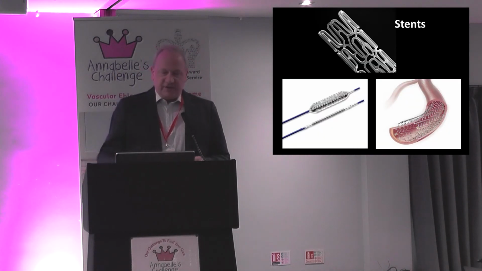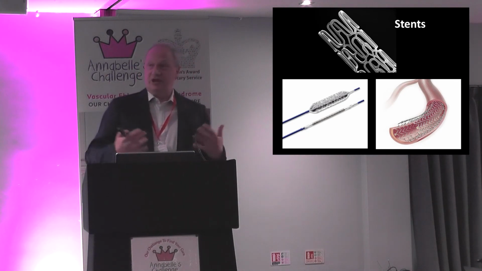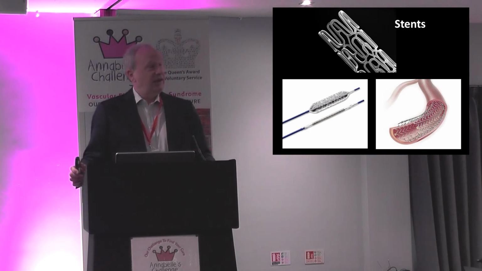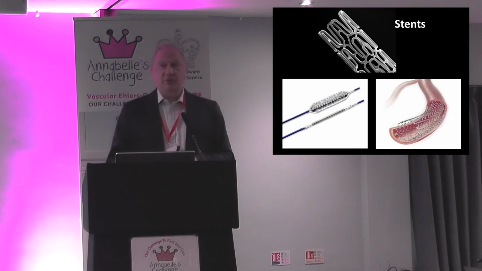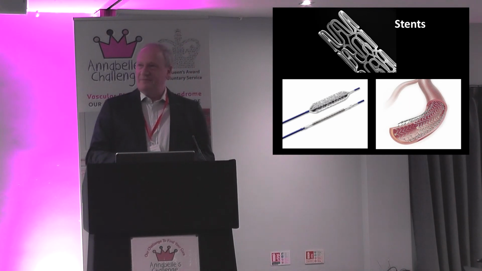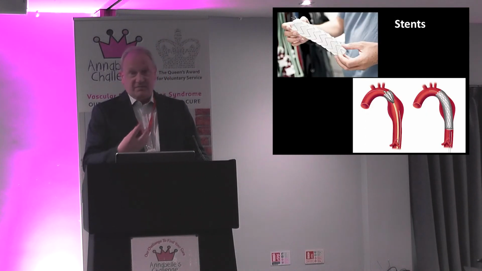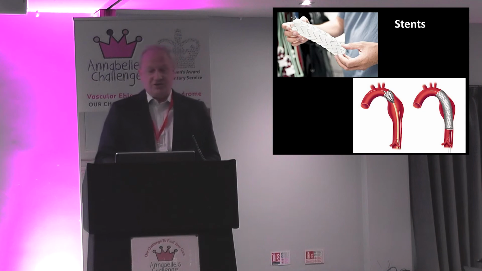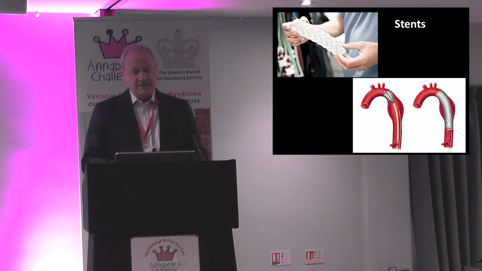So fixing things, well, you'll hear a lot about stents in the general sort of arterial world. Stents are applicable to vascular EDS, although we do try and steer away from them as much as possible because of the need to get into arteries in the first place, that invasion of the vasculature. But stents are essentially stainless steel structures, usually very small, going down to 2 millimeters, but can go up to 20, 30 or more millimeters.